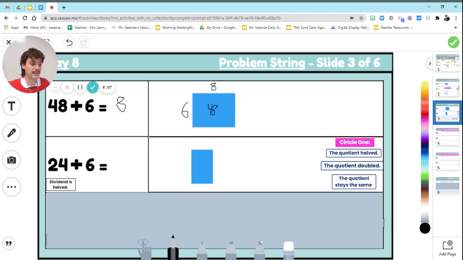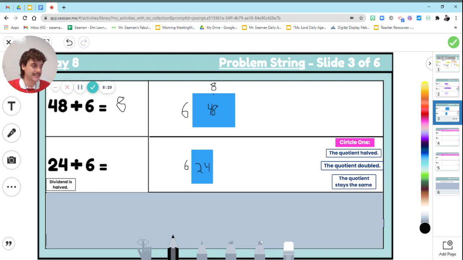So this must be the size of 24, and 6 stayed the same. So what you notice is 6 stayed the same, and I took half the size of this. That must mean that I'm taking half the size of 8? Well, let's do the math.